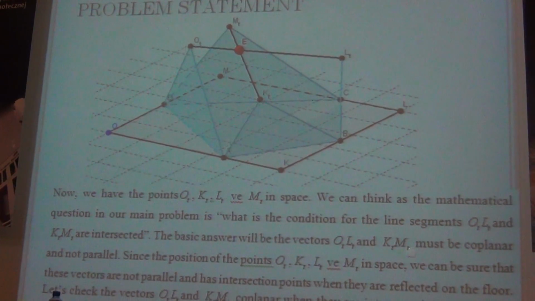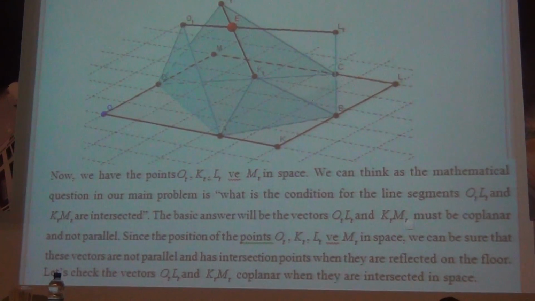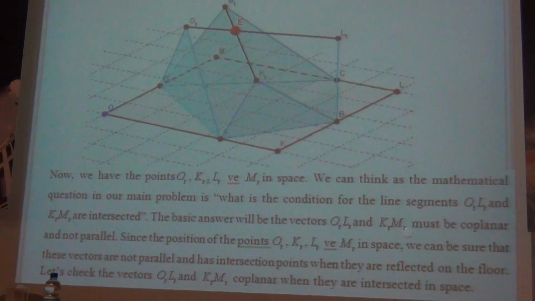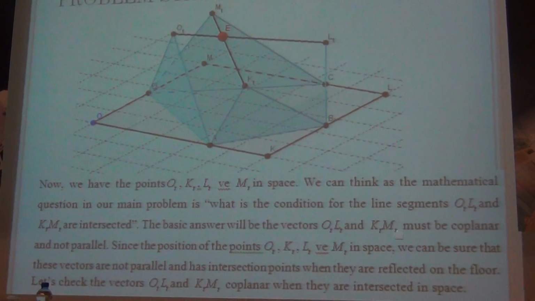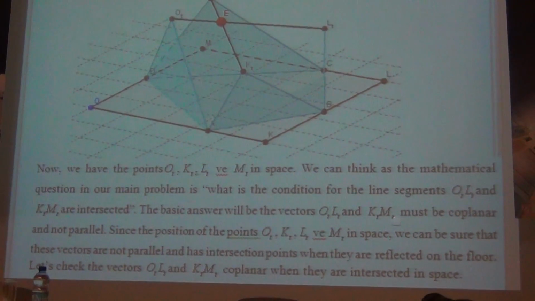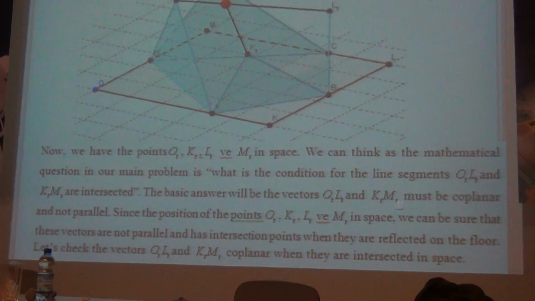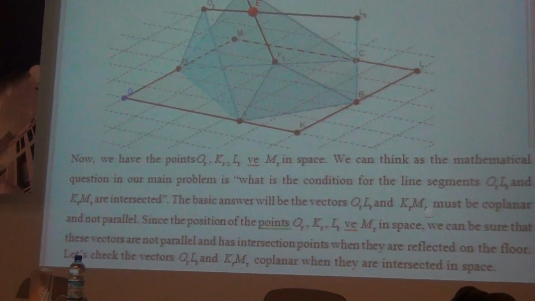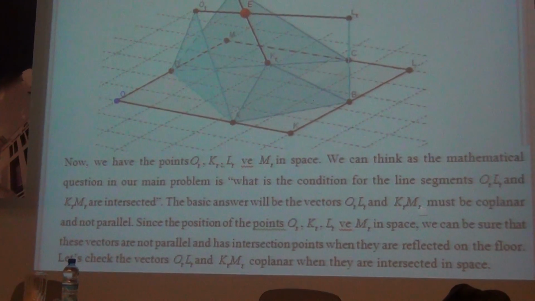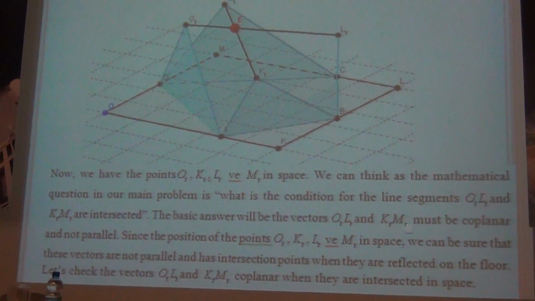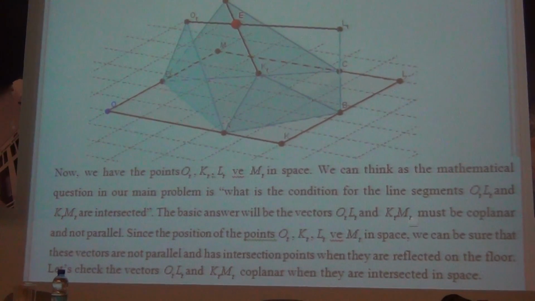The basic answer is that the vectors O_TL_T and K_TM_T must be coplanar and not parallel. Given the position of the points O_T, K_T, L_T, M_T in space, we can be sure that these vectors are not parallel, and that they have an intersection point when they are reflected on the floor.